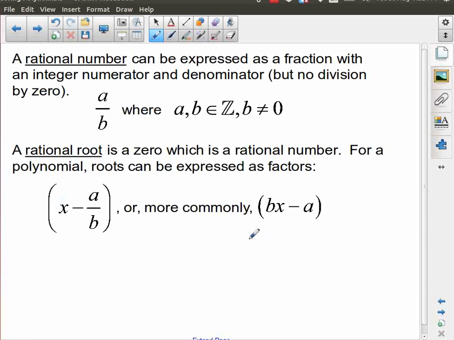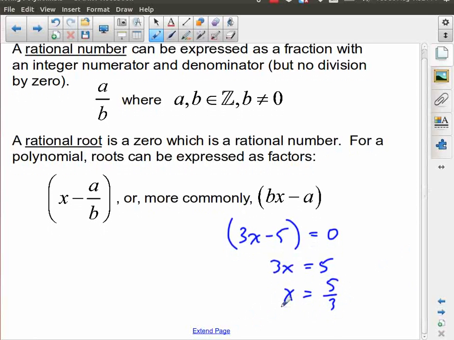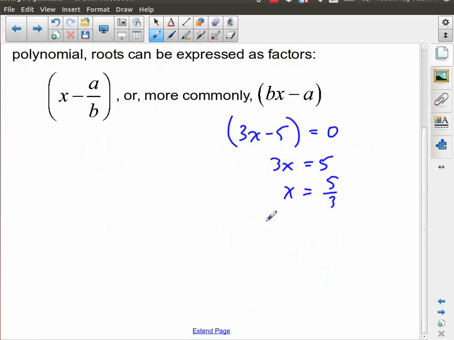So for example, if I said 3x minus 5 was one of my factors, then what is the root of that? Well, the way we do that is we solve it for 0, so we end up with 3x equals 5, or x equals 5 over 3. And that is the same as x minus 5 over 3 being a factor. So these two things have the same root.